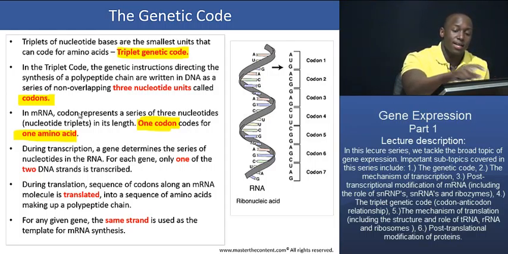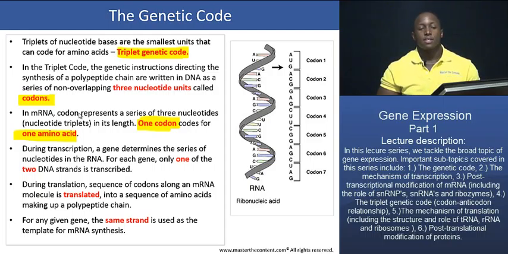What this slide is meant to make you understand is that the genetic code is a little more complex than you would expect. For you to code for one amino acid in a polypeptide chain, you need a combination of 3 nucleotides, which is called a codon.